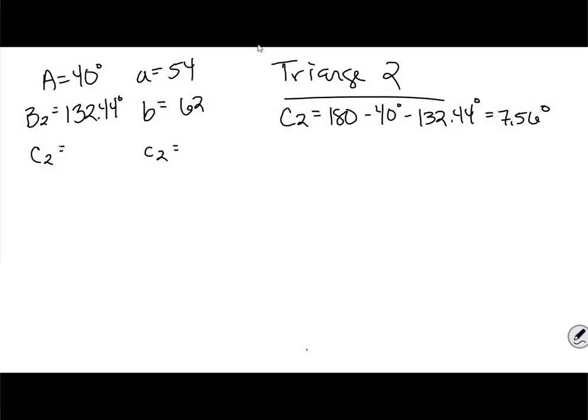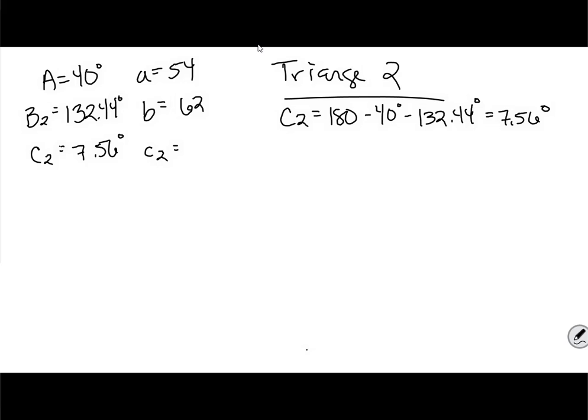Now I can use the law of sines in order to solve for side C2. I am again going to use angle A and side A since those are the two things I'm given in the problem. I'm taking a chance that I have solved for B and everything else correctly, so I'm just going to use what I'm given.